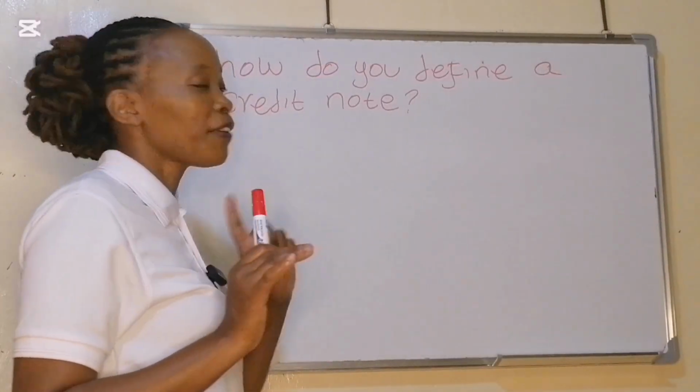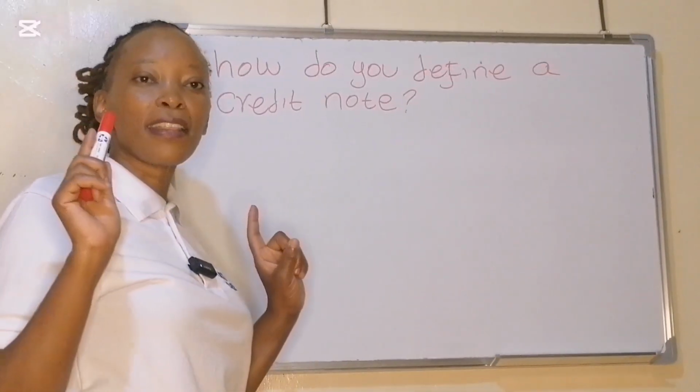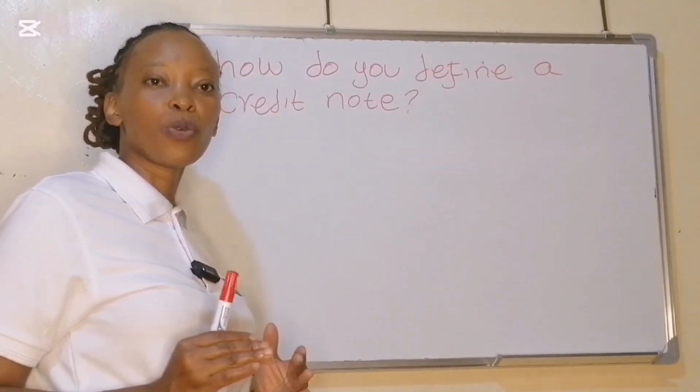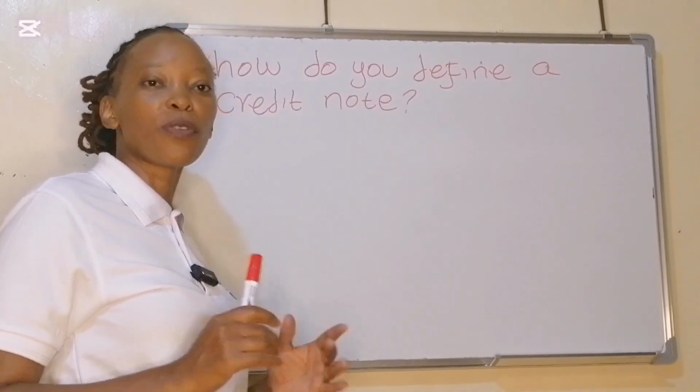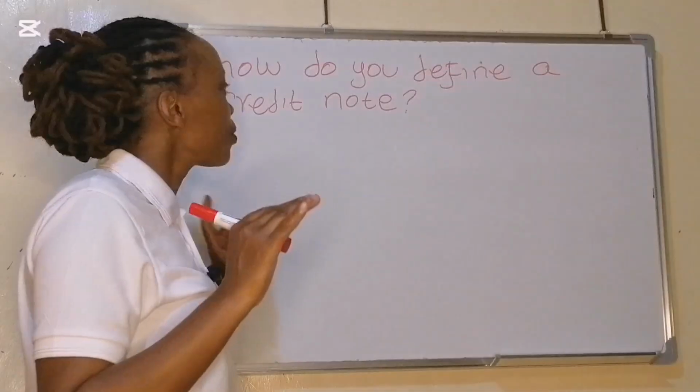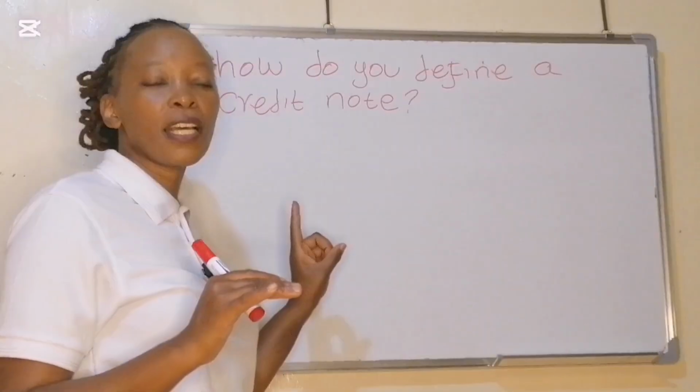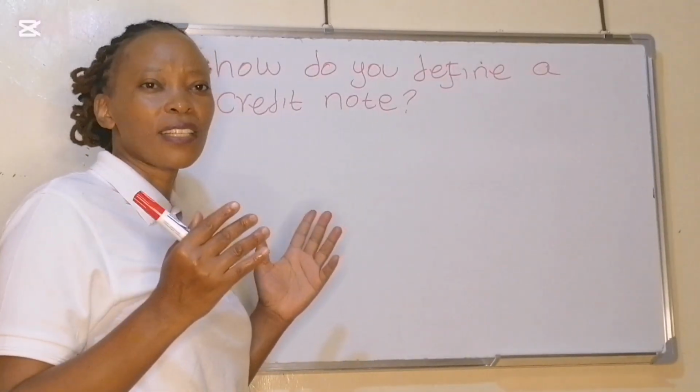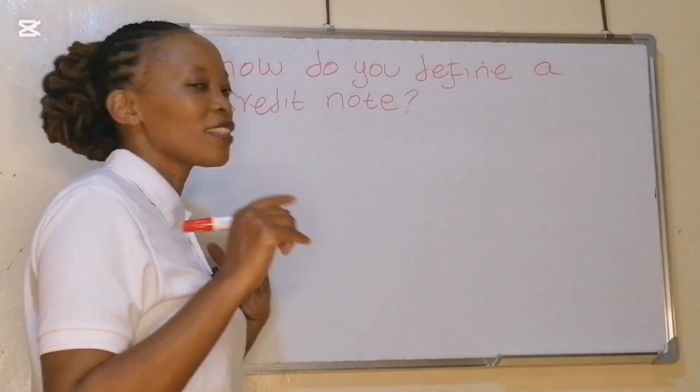So, how do you define a credit note from the information I have given you? I know if you start with the definition, the student cannot even understand. You tell them the credit note is this and this.